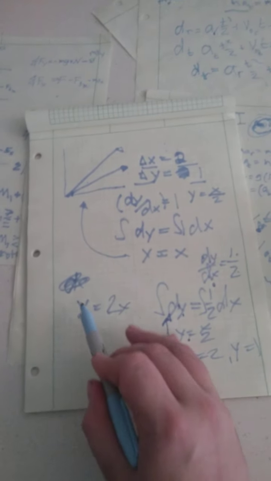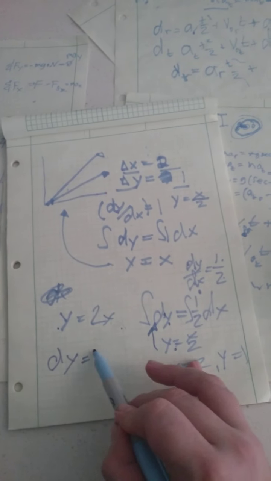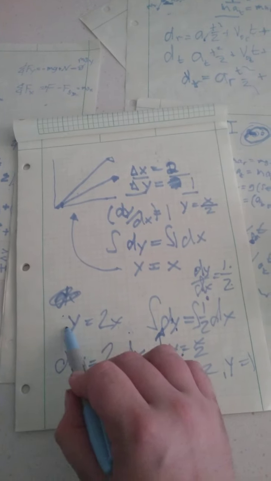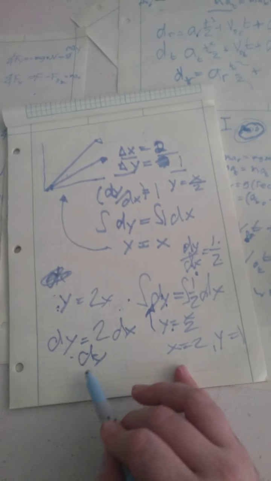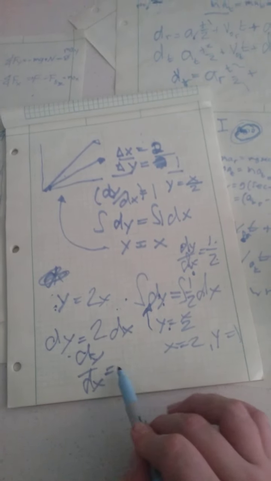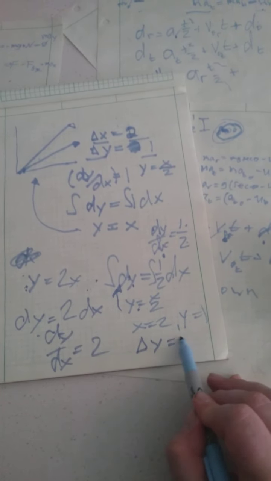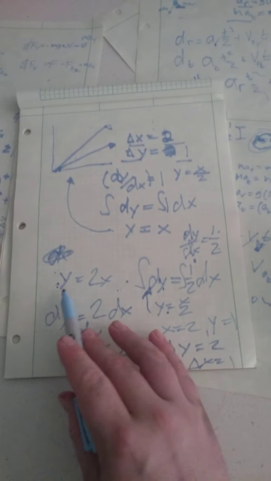So if you want the derivative of both sides, you get dy is equal to 2 dx, because you do this side with respect to y and this side with respect to x. So dy dx is equal to 2, where the change in y equals 2 and the change in x equals 1, and that is the same as y equals 2x.